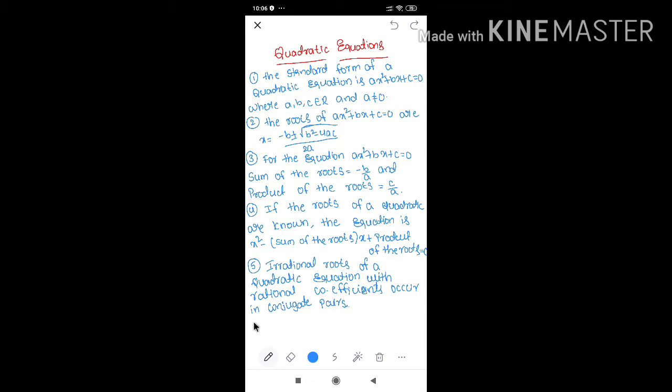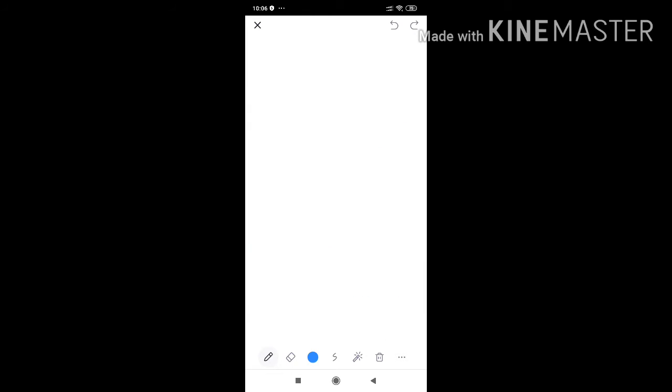If p plus root q, sorry, that is p plus root q, rational relations we are discussing now, is a root of ax square plus bx plus c is equal to 0, then p minus root q is also a root of the equation.